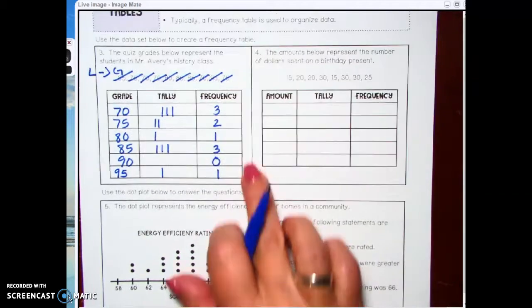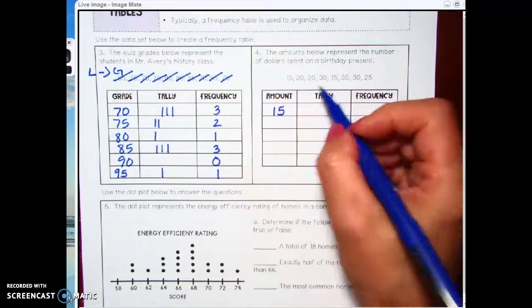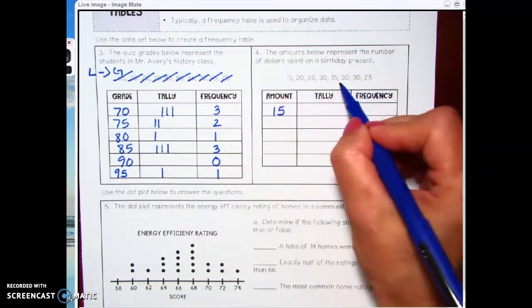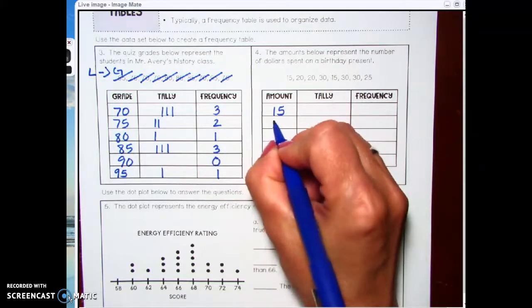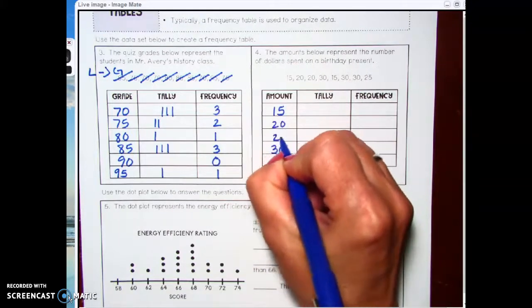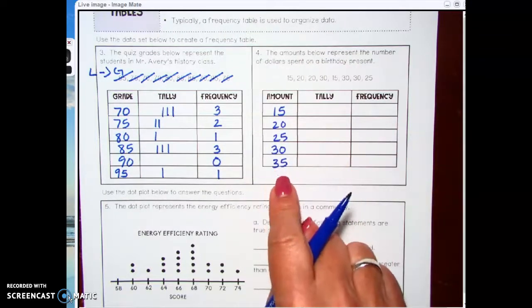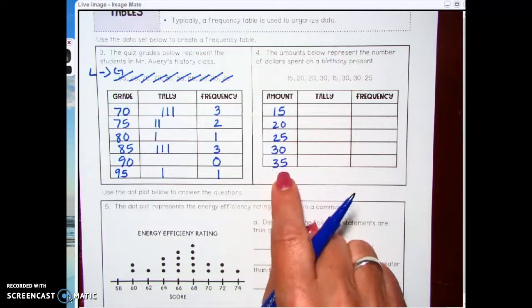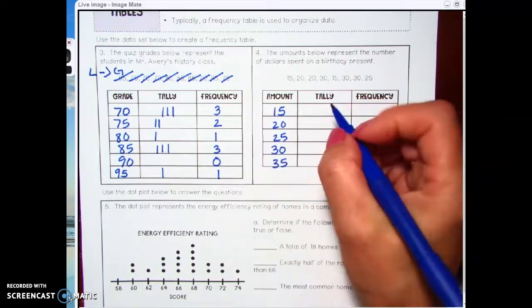We can do the same thing here. We start with the least, and I look at the greatest, which is 30, and I'm going to go 15, 20, 25, 30. I'm just putting 35 in, because I've done this several times, I knew that I'd have a blank row, or column, I should say, row and column.